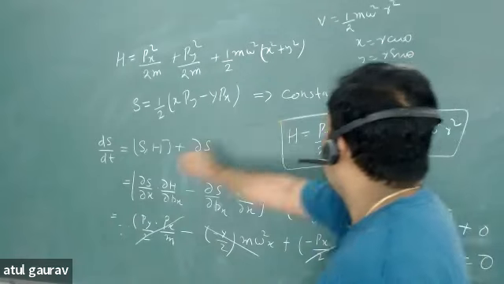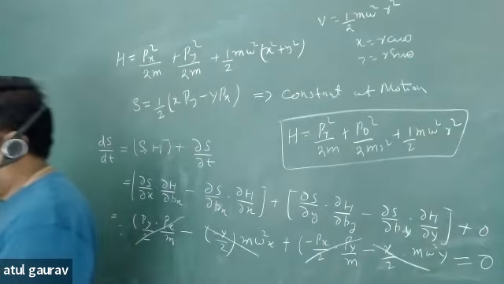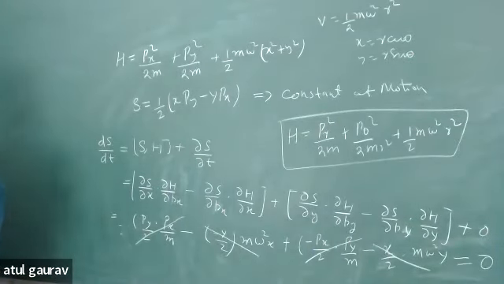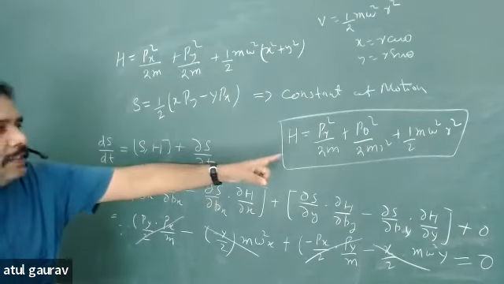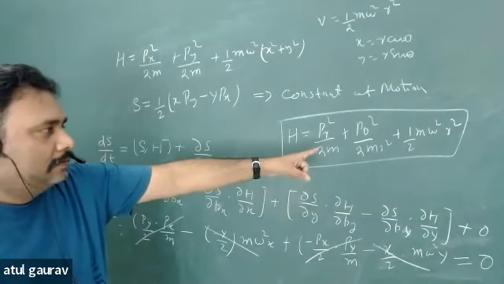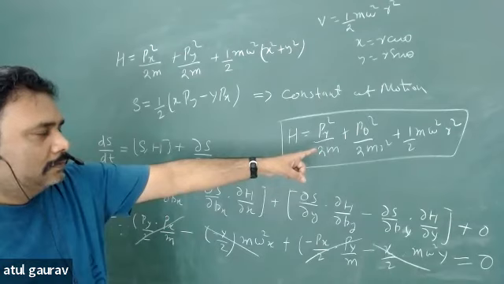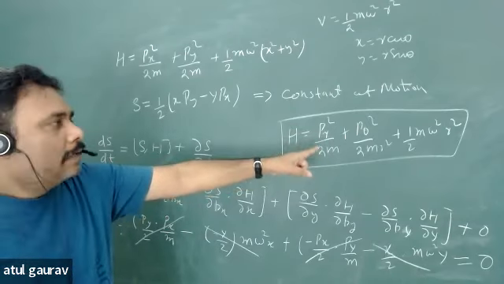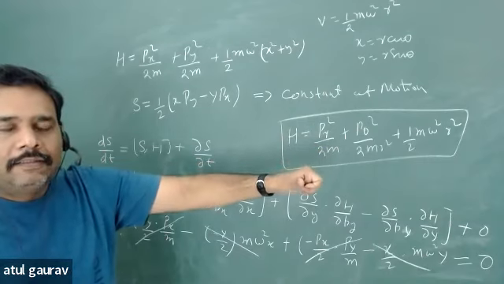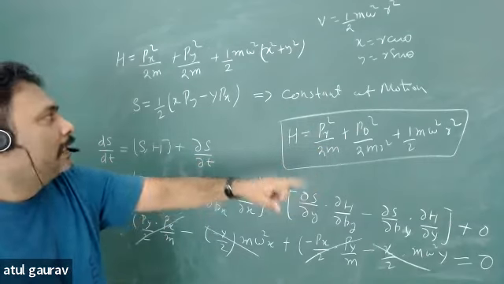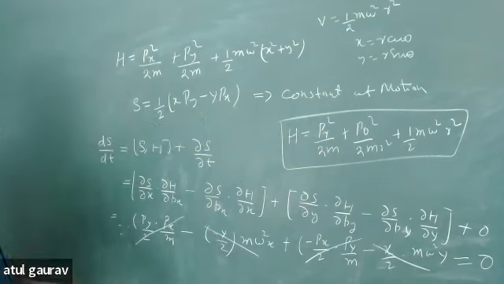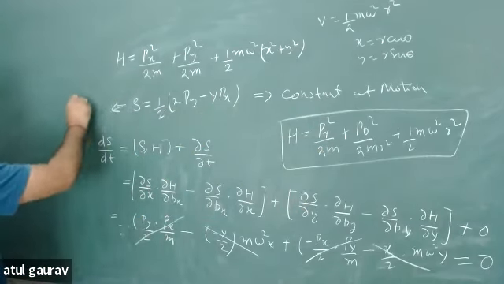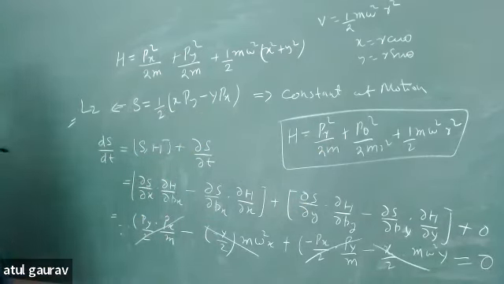Which quantity is going to be conserved here? P_theta. And what is P_theta? Angular momentum. And angular momentum in which direction? Z direction, z cap direction. So you can identify this is nothing but angular momentum in the z cap direction.